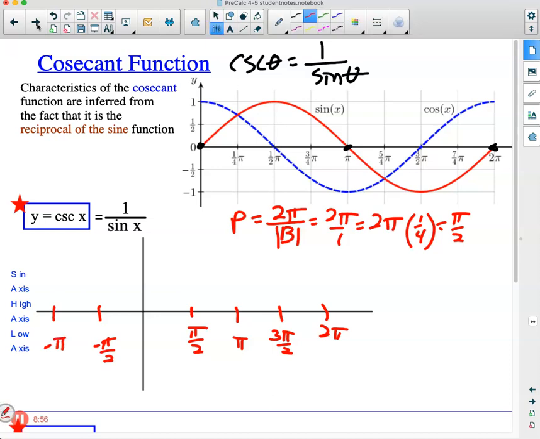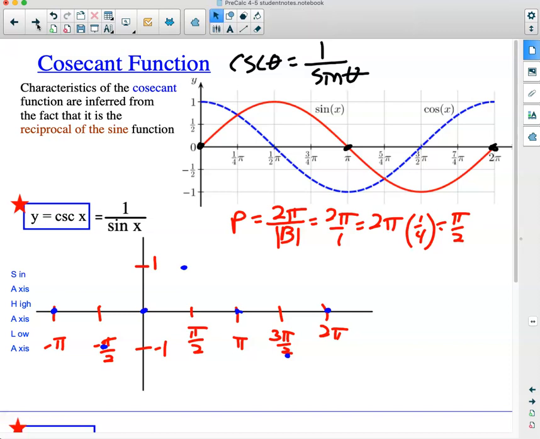And on our y-axis, we want to have +1 and -1. Then we want to focus on what we know about sine. Sine was axis, high, axis, low, axis. Follow the pattern backwards. And now what we need to do is say, okay, where are the asymptotes?